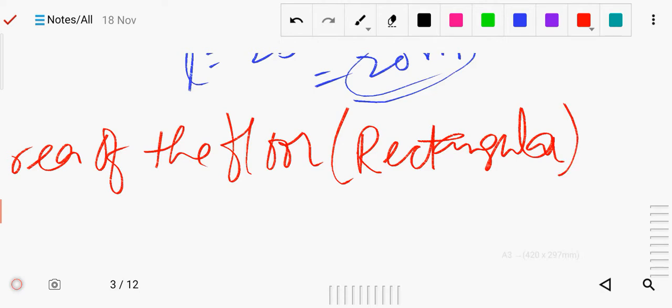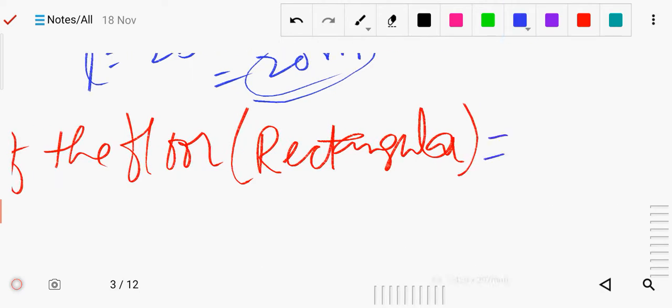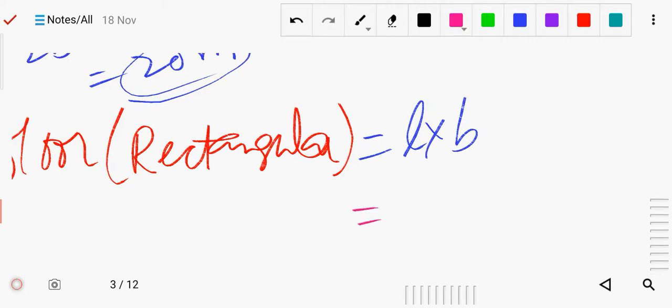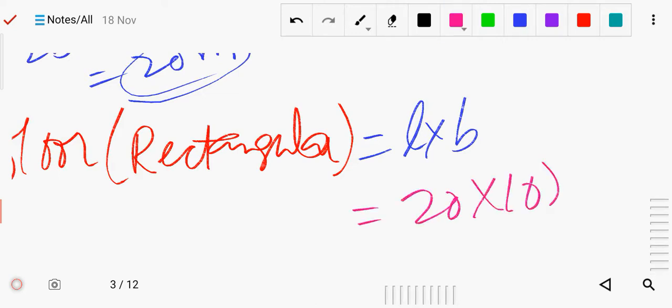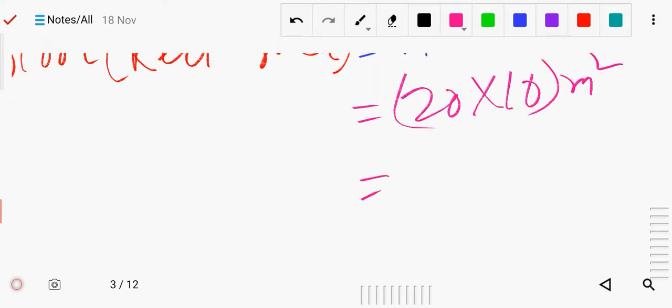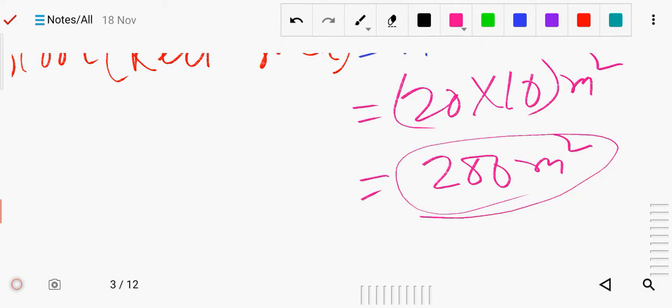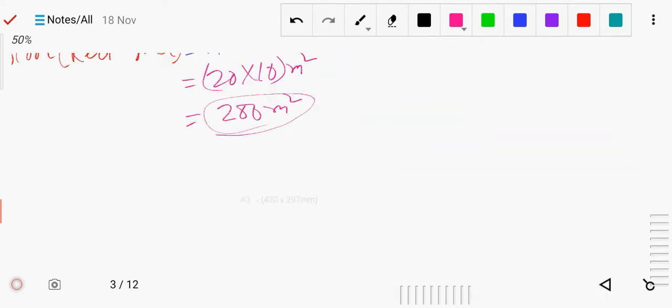Which type of shape is it? That is rectangular. Rectangular means its area will be L into B. L's value is 20 and B is 10, and it will be in meter square. So 20 into 10 is 200, so it will be 200 meter square. So this is your answer, 200 meter square. Once again you can check it.